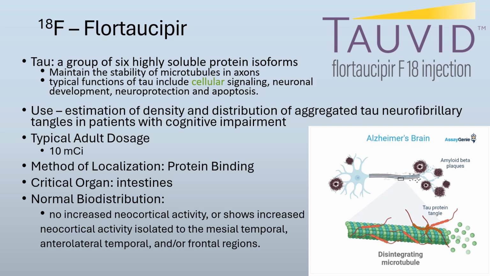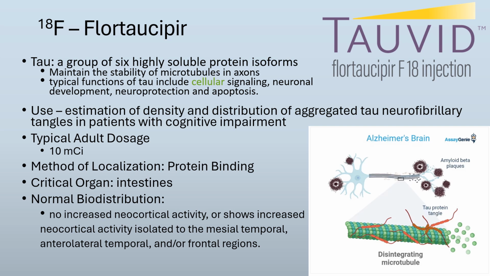Flortaucipir, also known as Tauvid, is the tau imaging agent that is used for the evaluation of Alzheimer's disease. Tau is a group of 6 highly soluble protein isoforms. They maintain the stability of the microtubules in the axons.